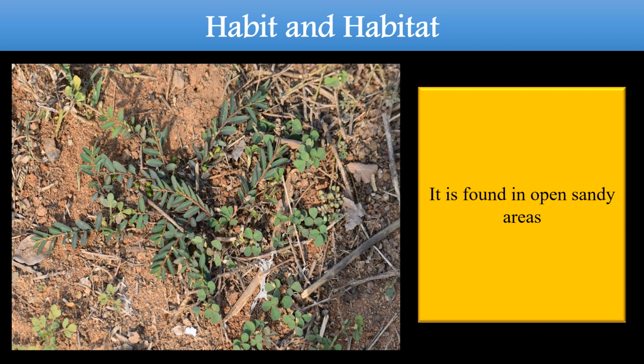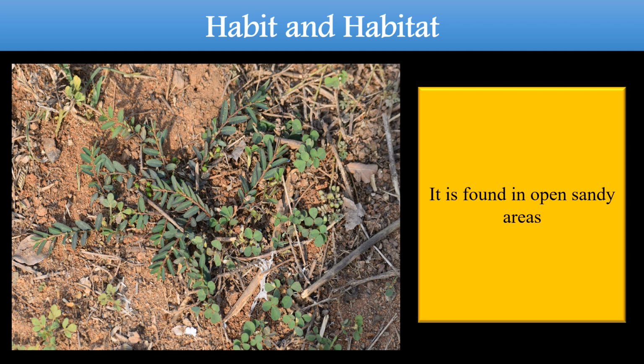As you can see in this picture, this is an original picture that I have taken. As you can see, the place where this plant exists, it is found in open sandy areas. The sandy portion is there.